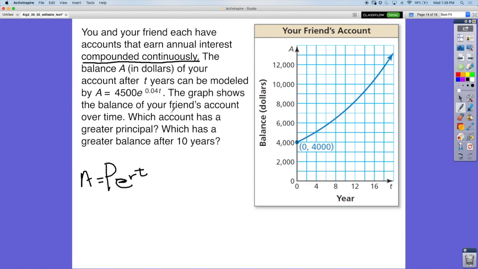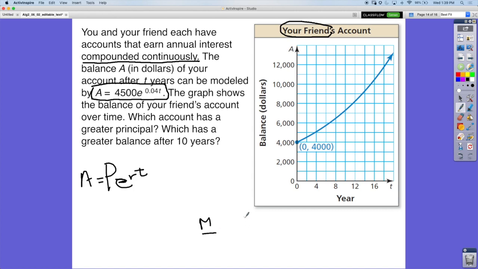Okay, so look at this. This is my account. This is your buddy's account. So we got to look at this equation. P is your principal. That's what you started with. How much money did I start with in my account? $4,500. So I'm going to make two charts here.